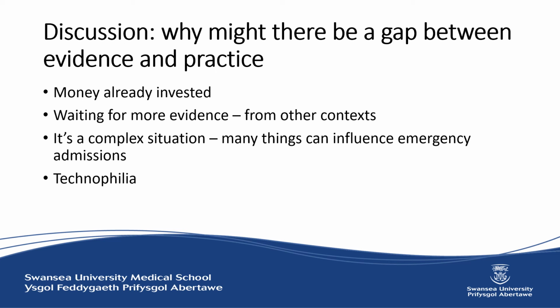Maybe people are simply waiting for more evidence, or believe that it's a complex situation, that there are, of course, many things which can influence emergency admissions, not just the specific intervention within primary care. And it's also, I think, worth thinking about the idea of technophilia, this enthusiasm for IT in healthcare, which sometimes is seen as a solution in itself, rather than helping you to get to a certain point that you need to be.